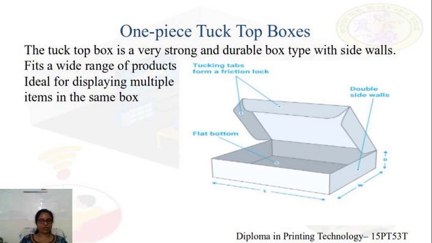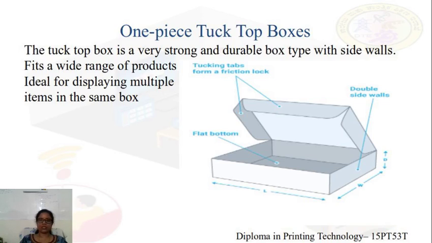We would have come across many sweet boxes packed in similar styles. Here in this folding carton, the tuck tabs forming a friction lock help in good closure of the flap.